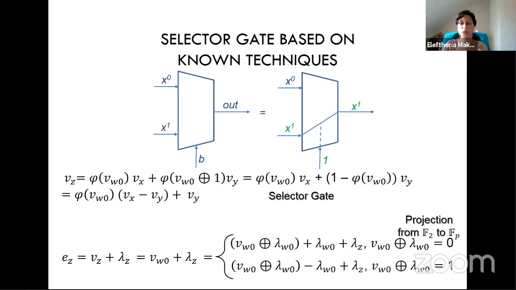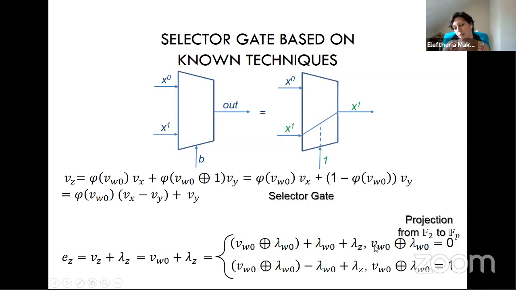So essentially what I want to do is a projection from F2 to FP. So compute again the external value on the output wire, which is the real value plus the permutation element. So how are we going to do this?